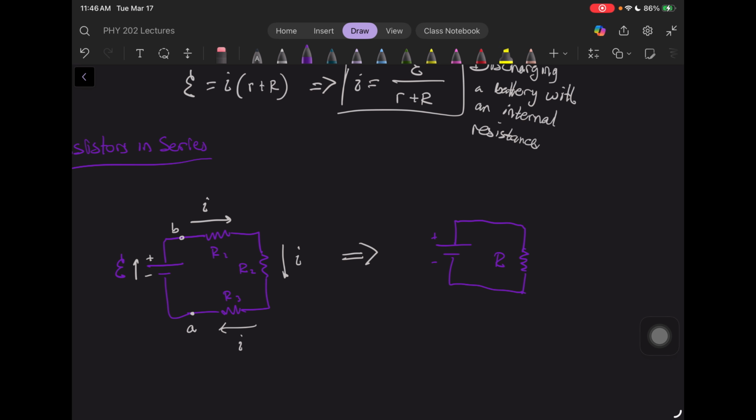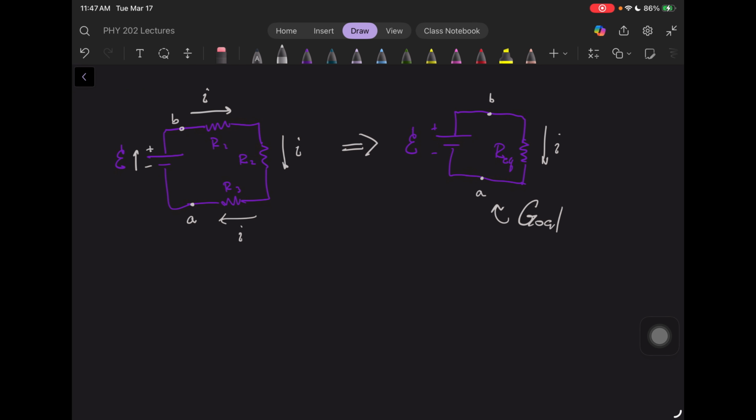So we have our EMF, some point B, some point A, right? Just like we had all the resistors between B and A, now we have the equivalent resistance between B and A as well. And we have some current I going down through here. And so this is our goal, because as you can imagine, it's a lot easier to deal with the equivalent circuit than the actual circuit.